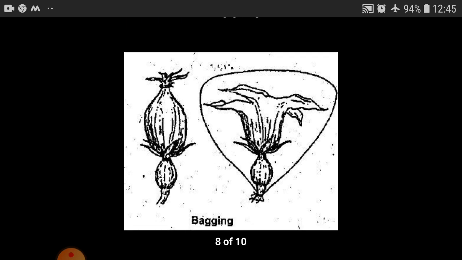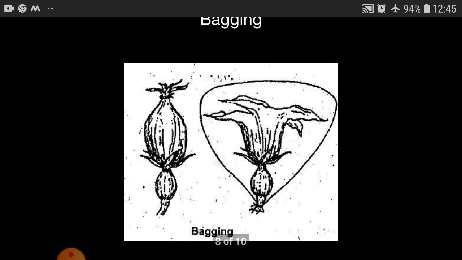Now after bagging, here you can see this is the process of bagging. In bagging, this female flower is covered with a bag, usually made up of butter paper, and then when this female flower is mature, that means when the stigma becomes receptive, then mature pollen grains are collected from anthers of the desired male plant by means of a brush and they are dusted on the stigma.